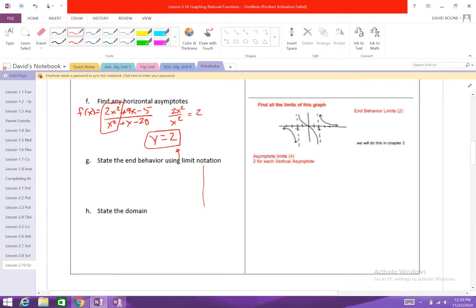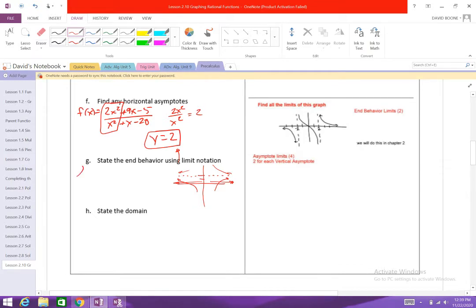So we know that in the graph here, 1, 2, as the graph itself would move this way, as the x's go to infinity, whether it's on the top or the bottom of this, it's going to be approaching that 2 value. And same thing on this other side. If we go to negative infinity, whether the graph's in the top part of this or the bottom part of this, we know it's got to approach that 2 value.